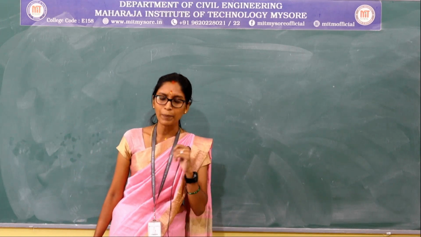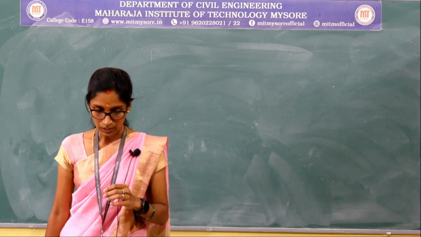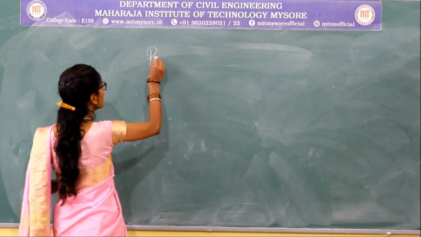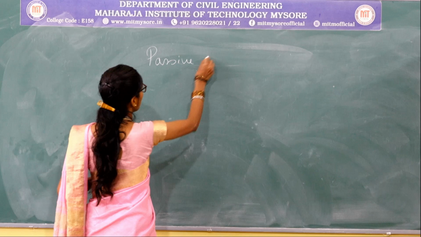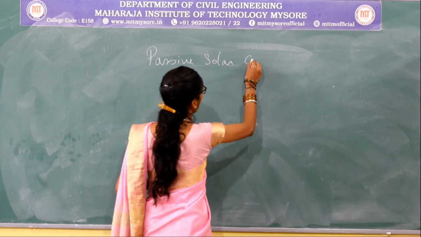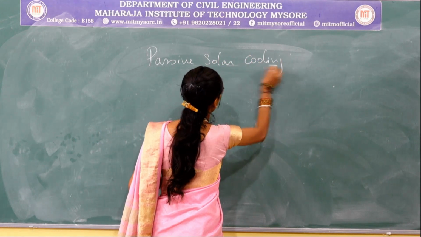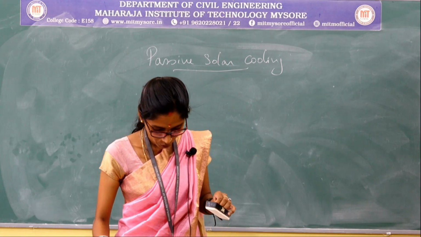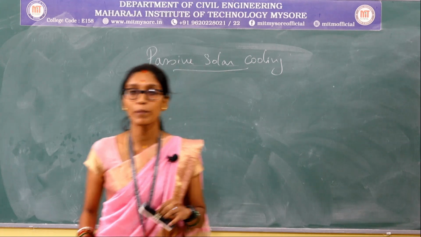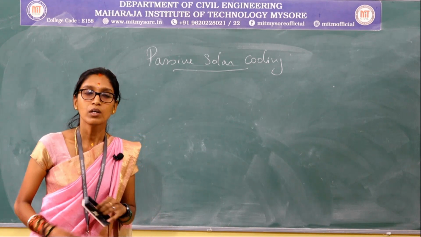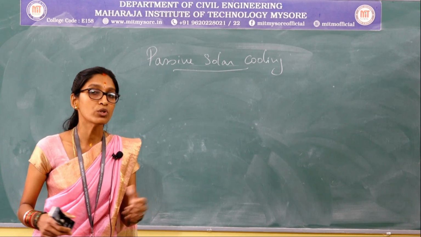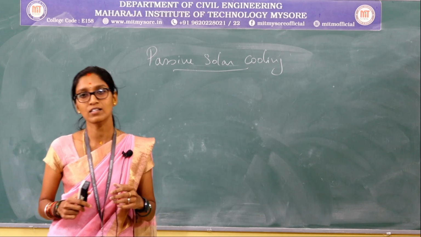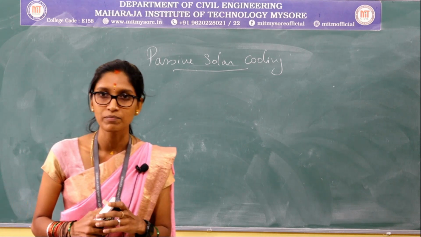So how does passive solar cooling happen in a building? Passive solar cooling system. So now tell me, how does cooling happen in a passive solar cooling system? We are not going to use any mechanical devices or any electrical devices in order to cool a system, okay?